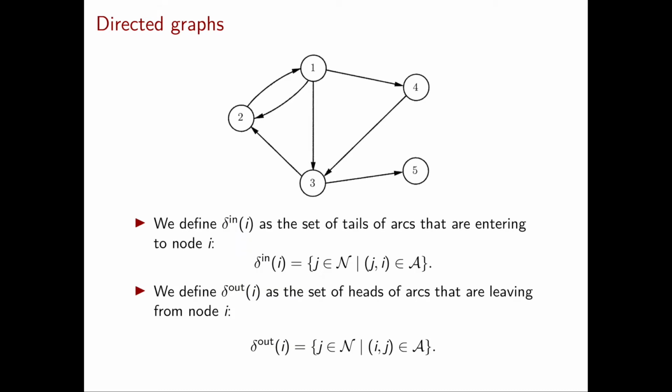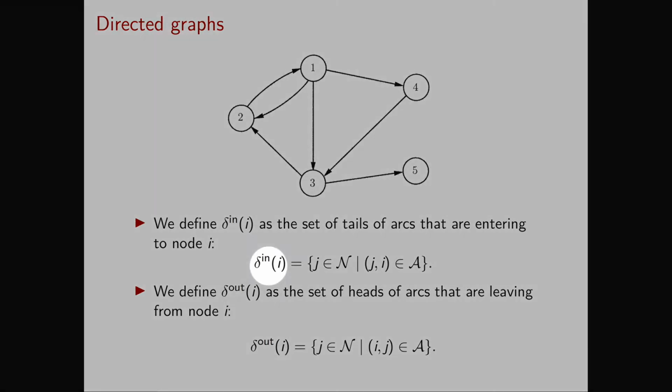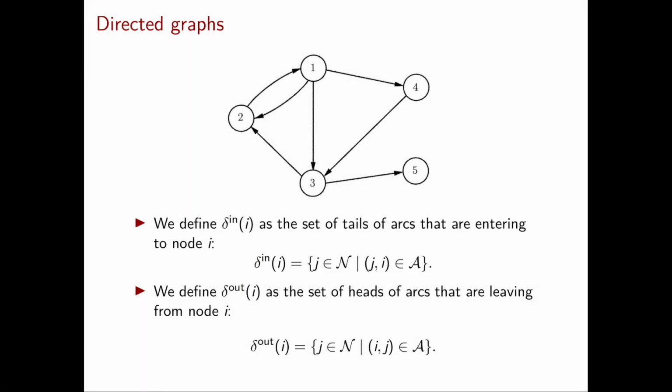Next, we introduce a notation which is somewhat similar to the notation of degree in undirected graphs. However, there are several differences. Here we have tails and heads, so we're going to differentiate between the two by defining two different objects. First, we define delta in of a node i, and this is the set of tails of arcs that are entering node i.